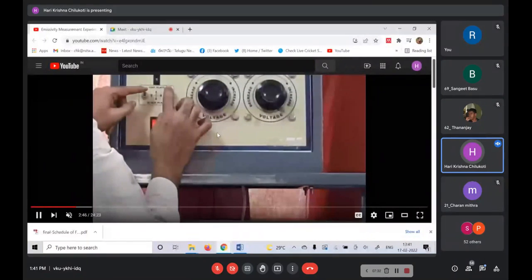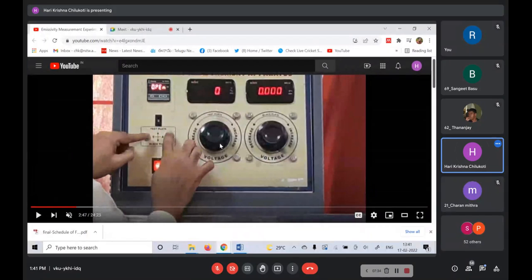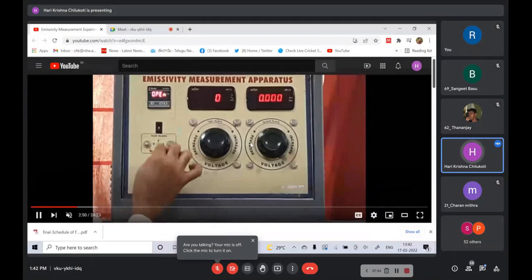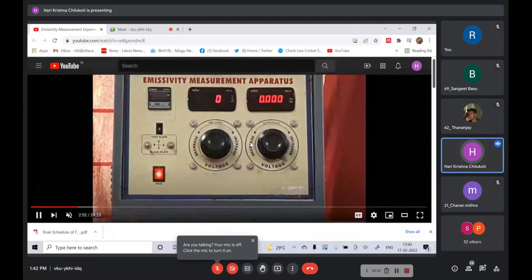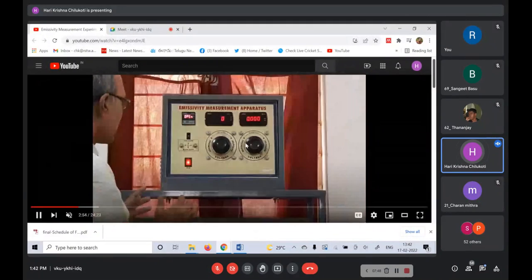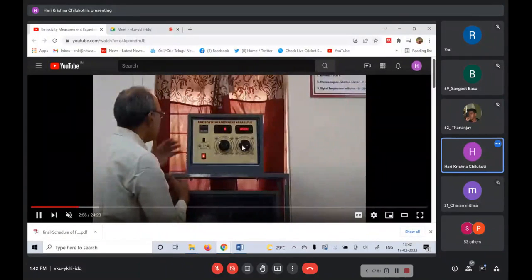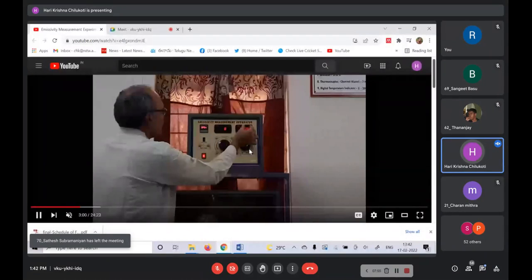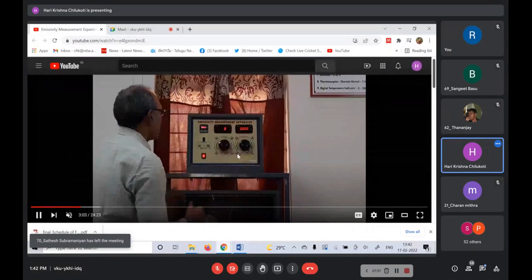As for the experimental procedure, first we keep the dimmerstat at zero position, and then we switch on the power supply. After that, we give some amount of power input to the black plate by slowly increasing the dimmerstat variac.